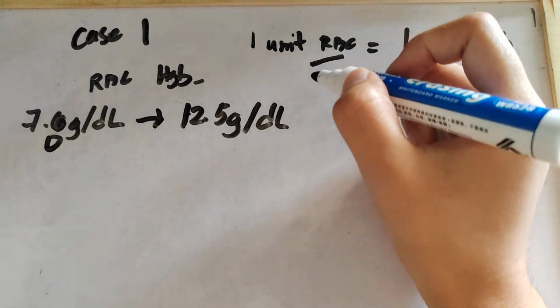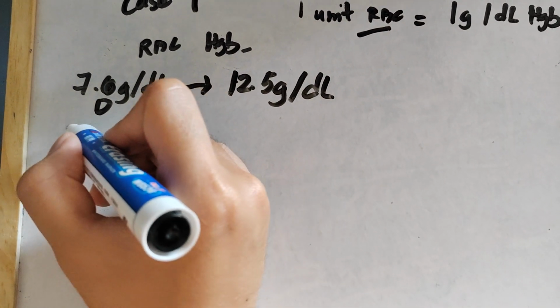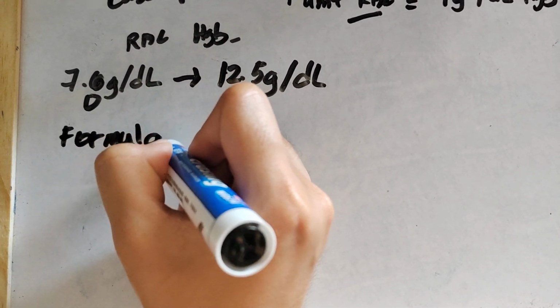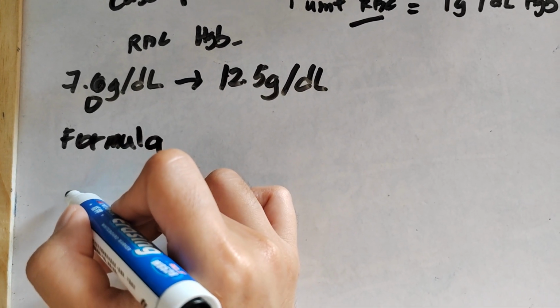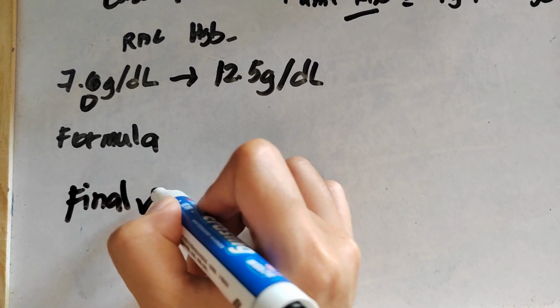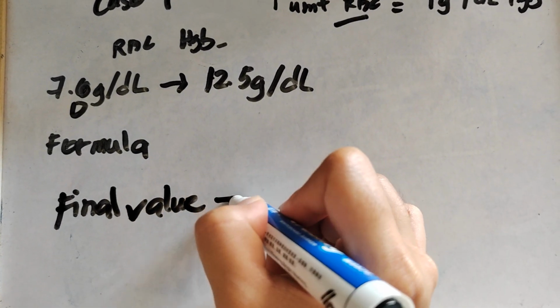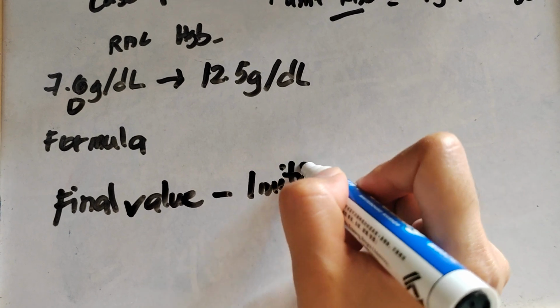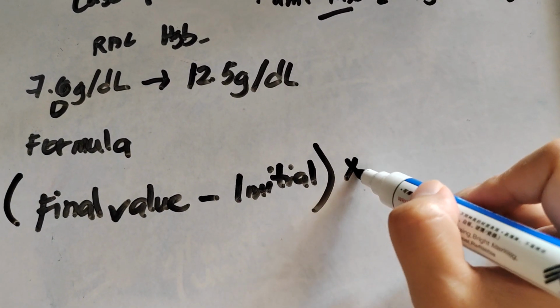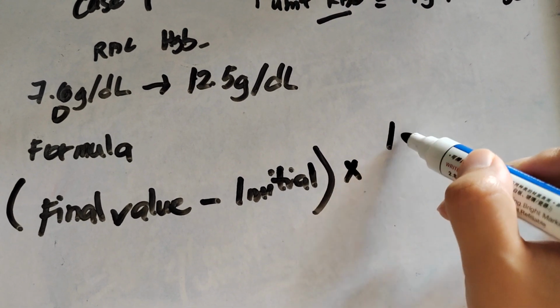Using our formula, we have the final value minus the initial value times our constant.